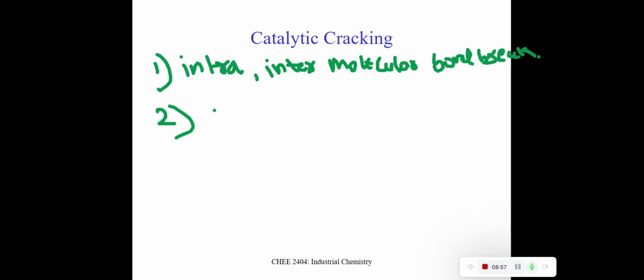So coke is an essential feature of the cracking process, and this coke deactivates the catalyst. This is the main disadvantage of catalytic cracking.